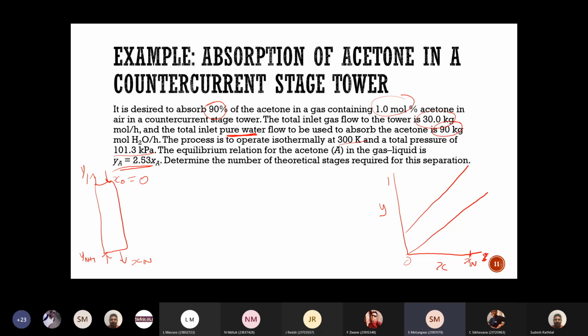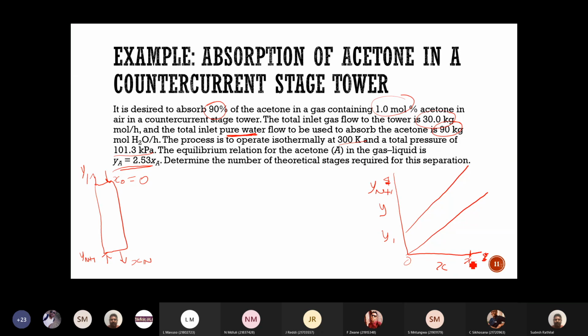Yn plus 1 will be higher because that is what's coming in. I am going to absorb some of the acetone from it, so the y1 that's going out will have a lower value. Yn plus 1 will be somewhere on the top, and y1 will be somewhere at the bottom.